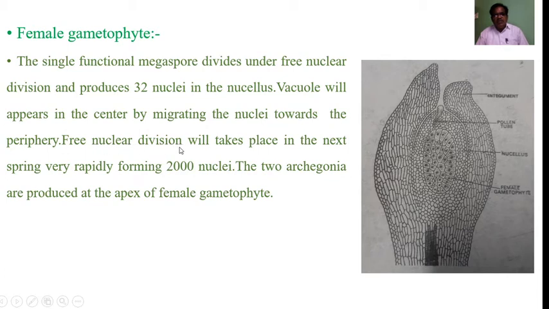Free nuclear division then takes place very rapidly, and the number of nuclei goes on increasing up to 2000.